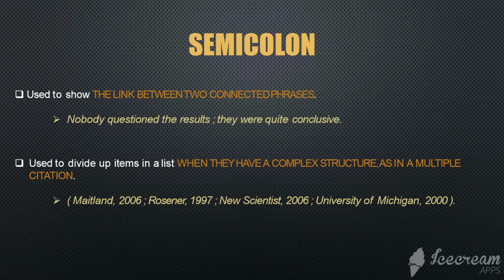For example, (Maitland, 2006; Rosner, 1997; New Scientist, 2006; University of Michigan, 2000). Here you may see that within the brackets there are multiple citations from magazines or research papers or research articles.